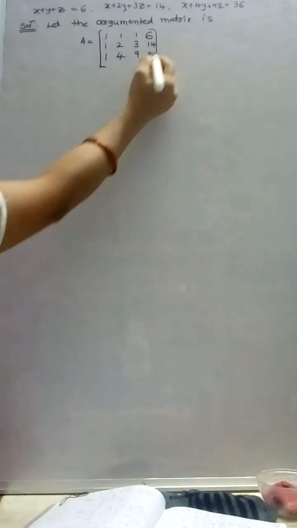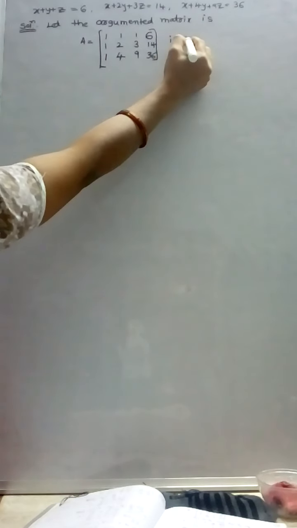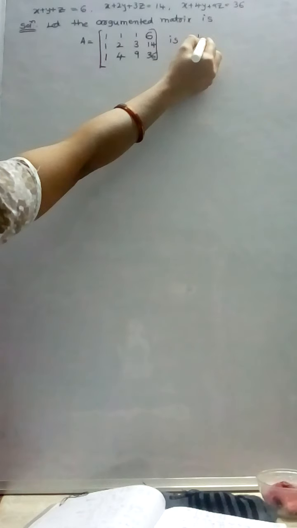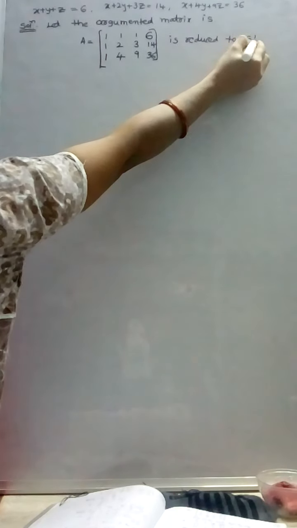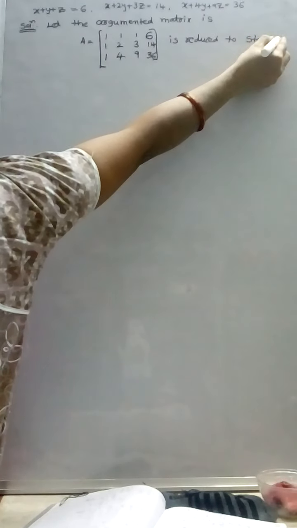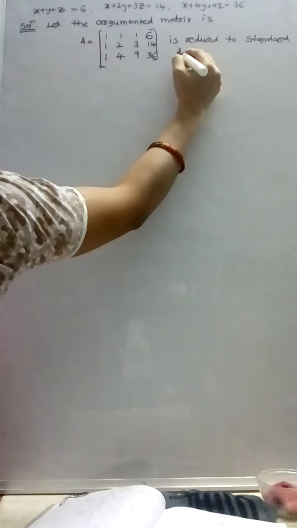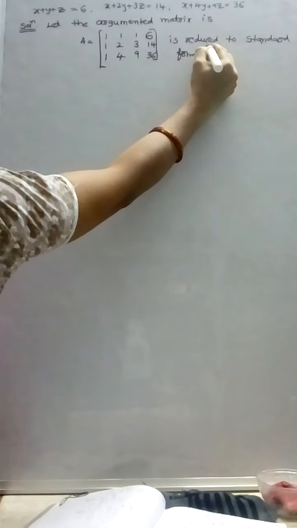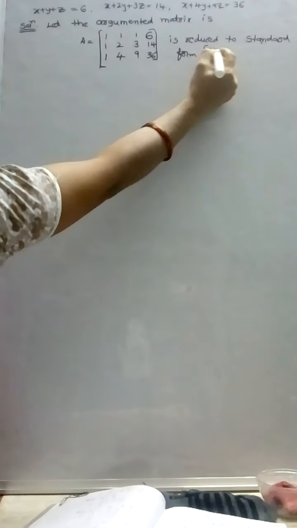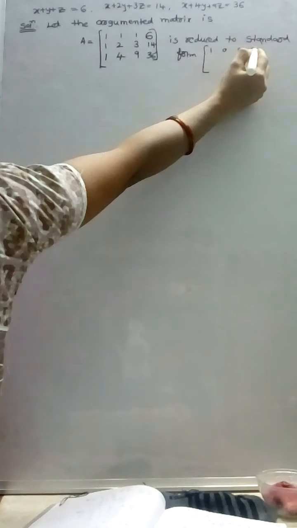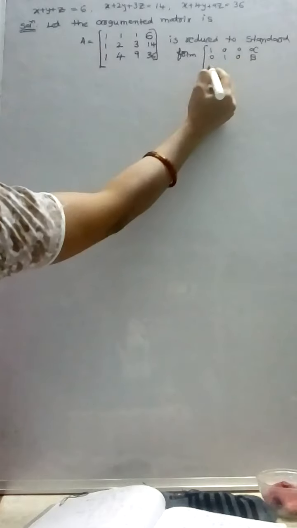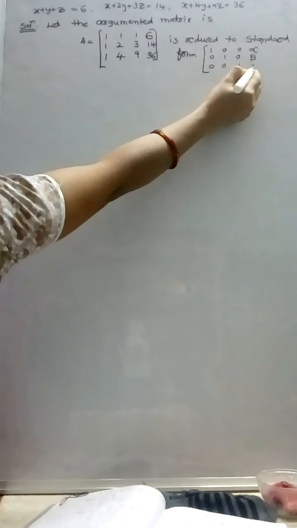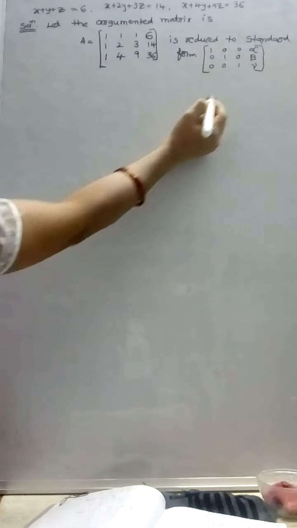Now this matrix is reduced to standard form. The standard form is 1 0 0 alpha, 0 1 0 beta, 0 0 1 gamma.